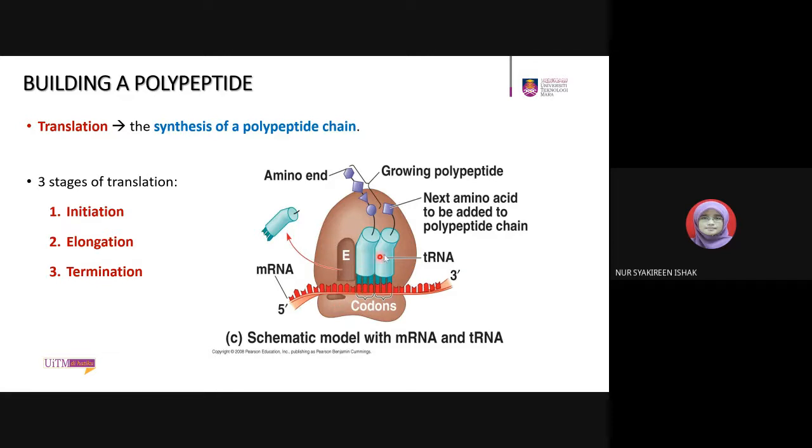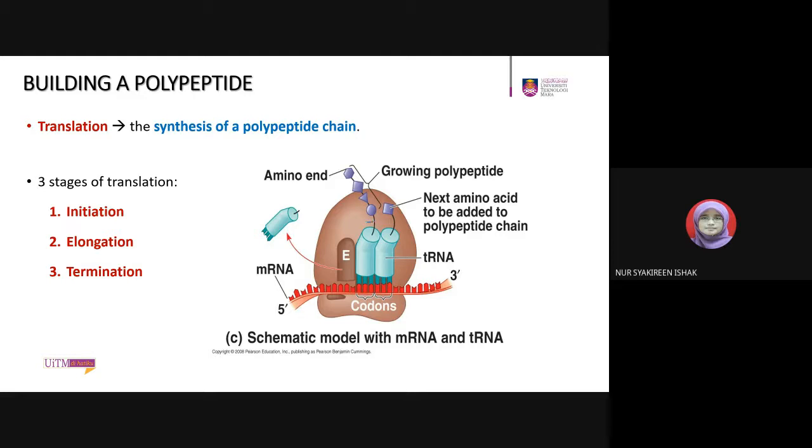So the A site, as you can see, holds the tRNA that binds to the amino acid to be added to the growing polypeptide chain. This is the P site, the peptidyl tRNA site. It holds the tRNA with the growing polypeptide chain. So bila dalam proses translation tu, this is the growing polypeptide chain.